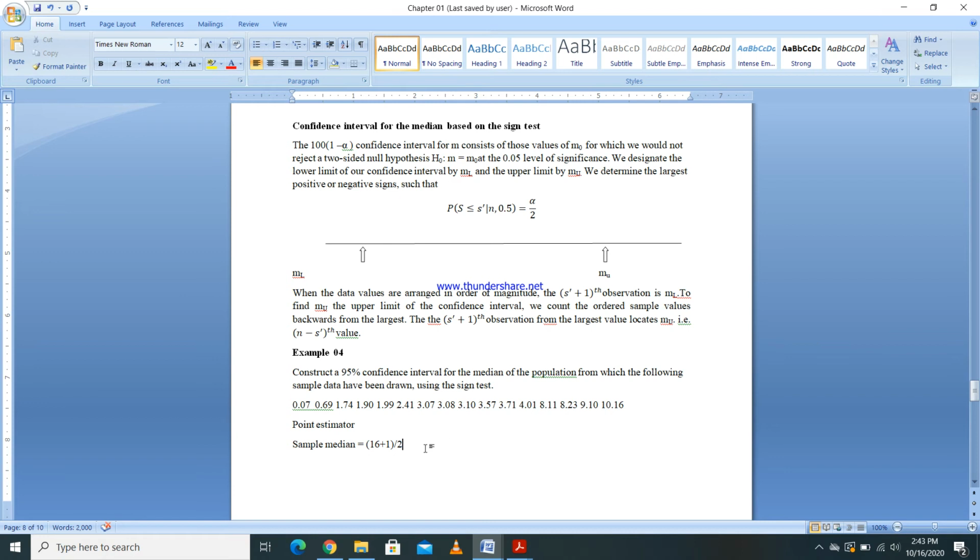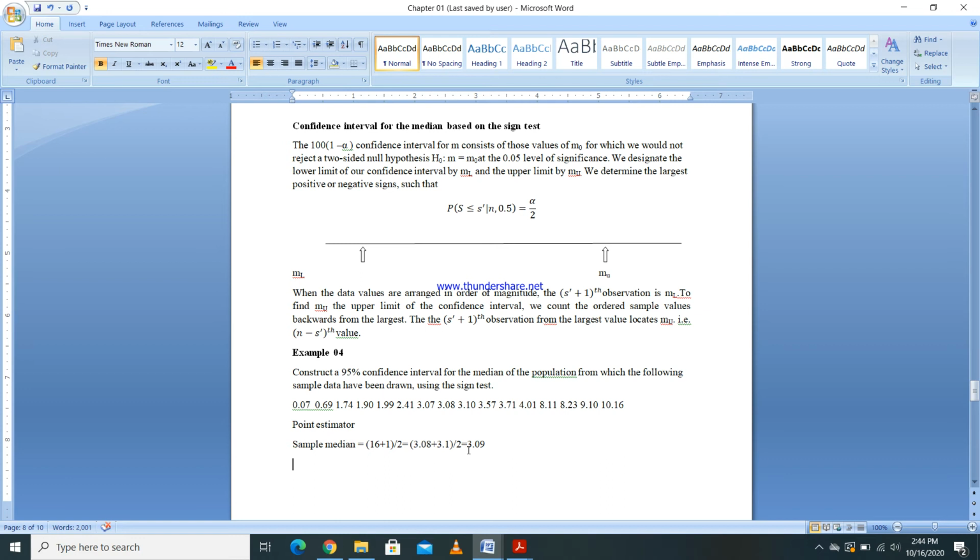To find the median, you take 3.08 plus 3.1 and divide this by 2. Then you will get 3.09 as the point estimator. Then we check the point estimator, which is 3.09, and take the closest integers.